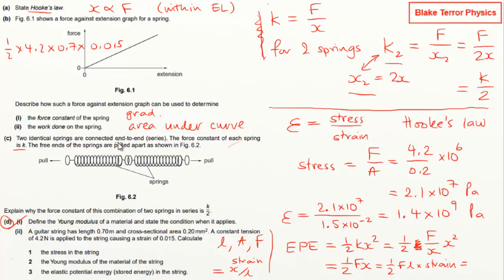So 2.1 times 0.7 times 0.015, which is 0.022. So 2.2 times 10 to the minus 2 joules. So not very much, but you wouldn't expect there to be very much energy in there.